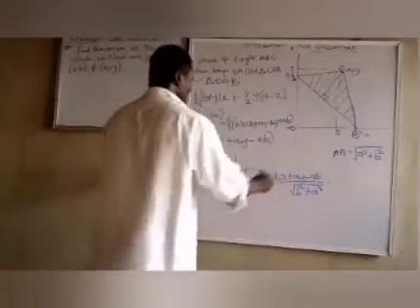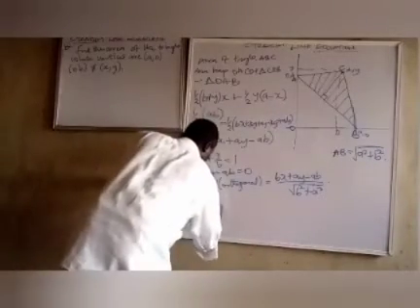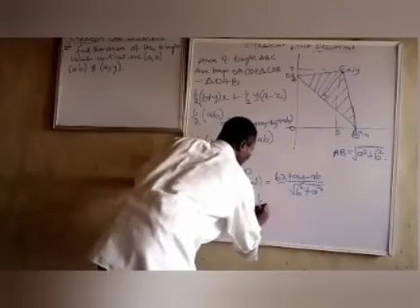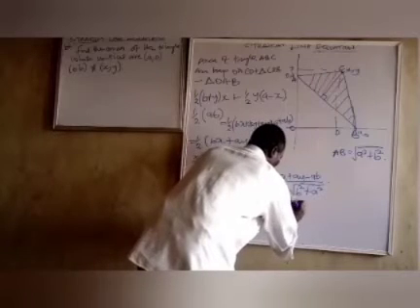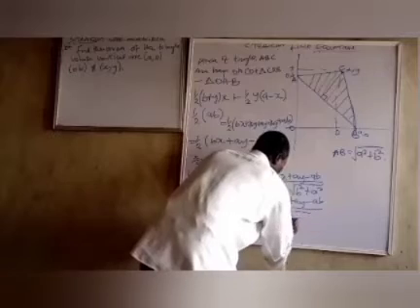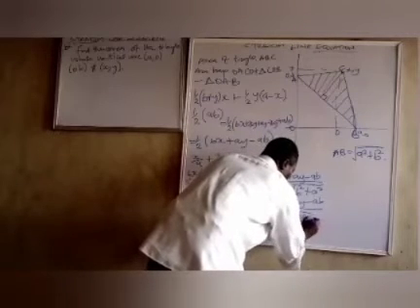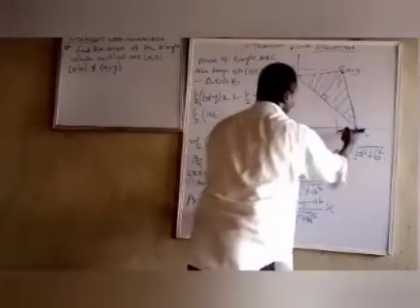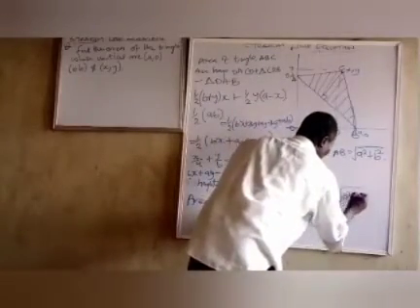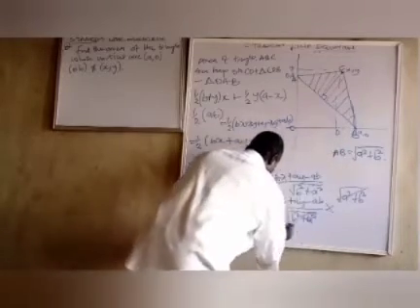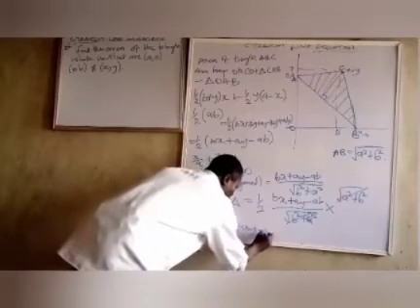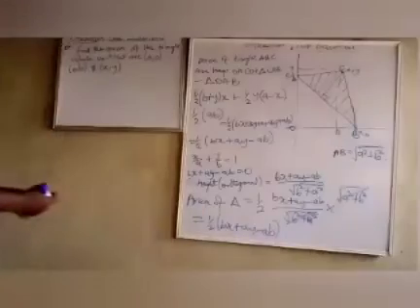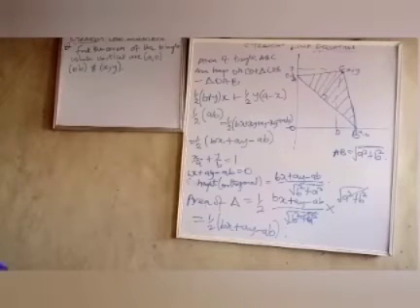Now, the area of the triangle will be equal to half the height, bx plus ay minus ab over root of a squared plus b squared, times the length of ab, root of a squared plus b squared. So this one cancels. So the area is still half of bx plus ay minus ab.